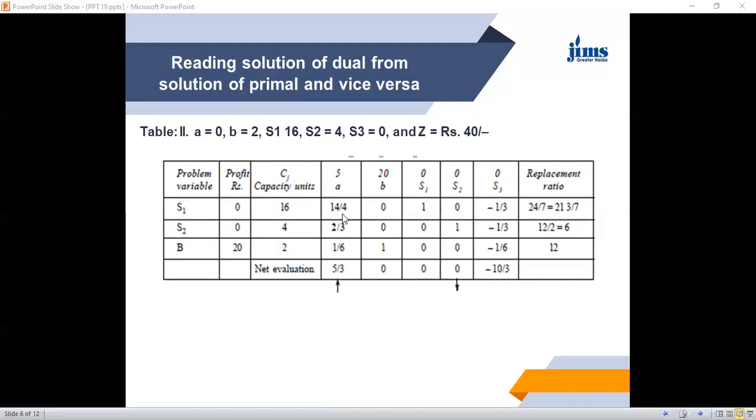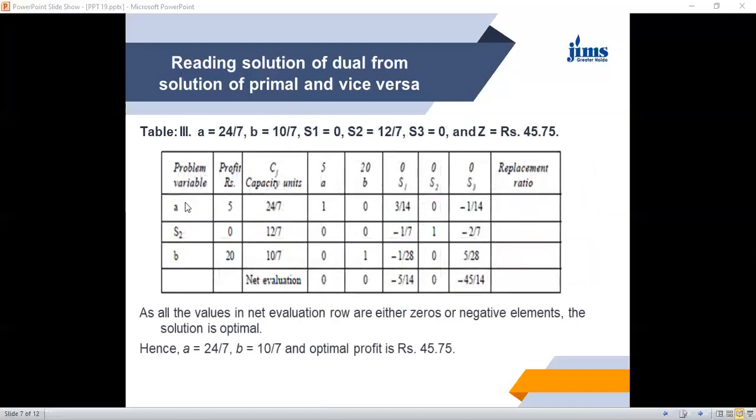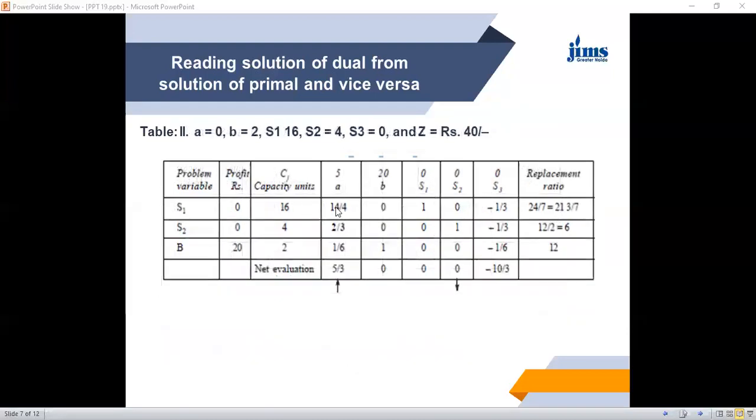So we write here that A is the incoming variable and S1 has been replaced. A has a contribution of 5, and then we calculate the other values also. All the values will be divided by 14 by 4. So 16 divided by 14 by 4. 14 by 4 divided by 14 by 4 is equal to 1, 0. This will become 4 by 14.